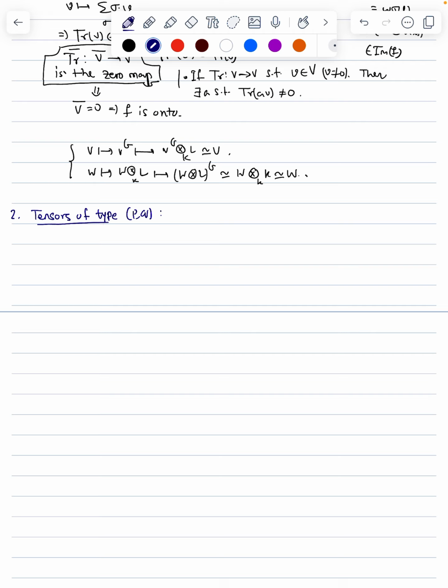It means that a tensor of type PQ is nothing but an element of, so V is the K object. So a tensor of type PQ means basically an element in this space. So you first tensor V P times and you tensor the dual of V Q times. And this is actually isomorphic to the Hom from V tensor Q times to V tensor P times. This is obviously because of that isomorphism.